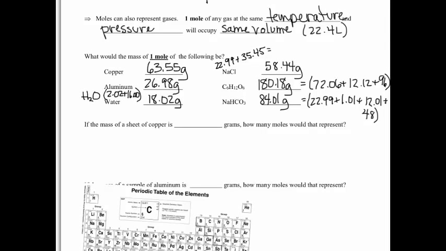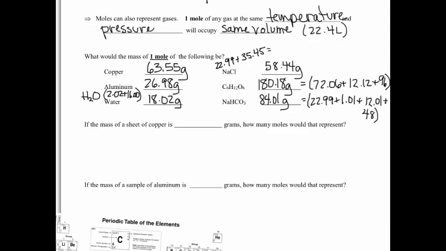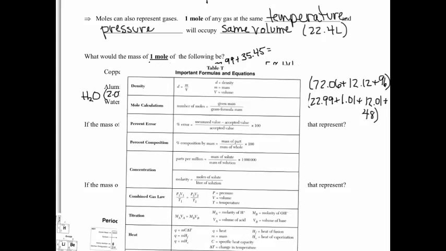All right, let's see if we can do some examples where we calculate moles. In calculating moles, we can actually use an equation that's on the back of your reference tables. So we're going to reference table T now. On table T, you're going to see the second one down is a mole calculation. If you want to figure out how many moles of something you have, typically you will be given a mass.